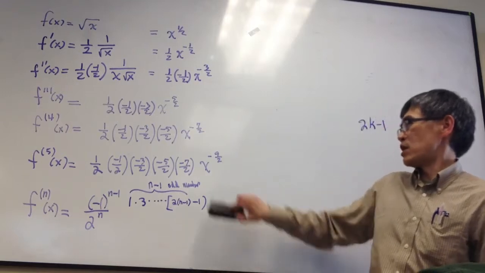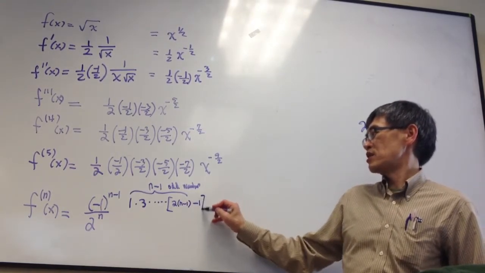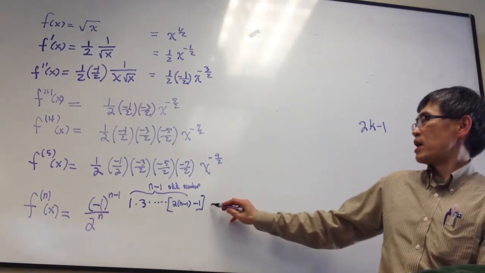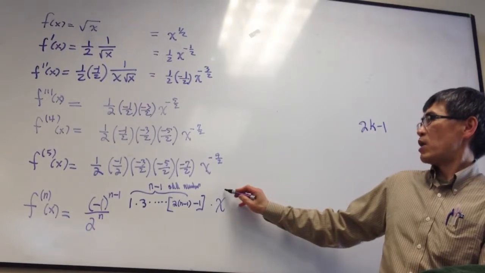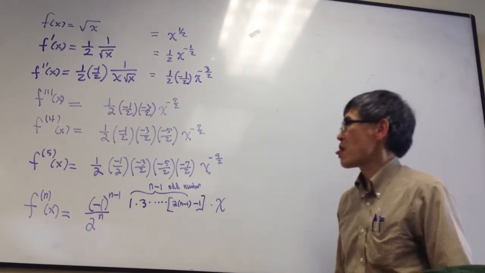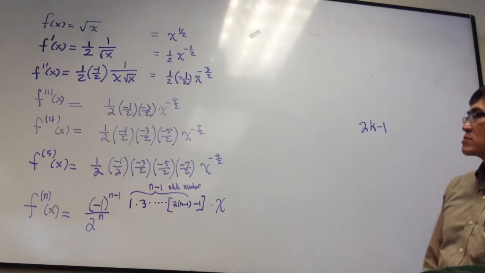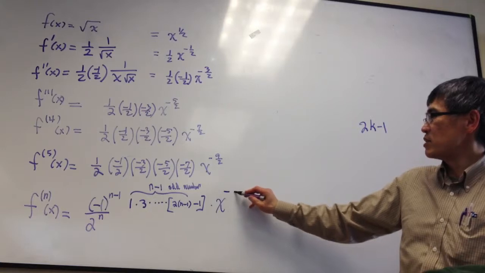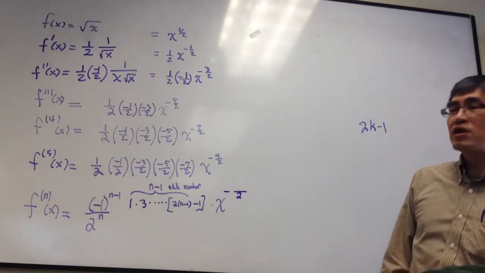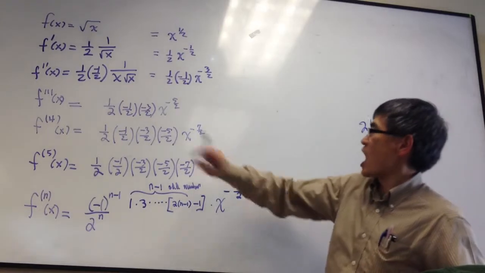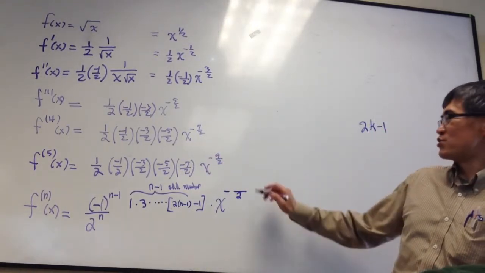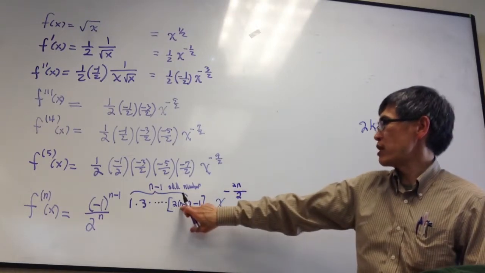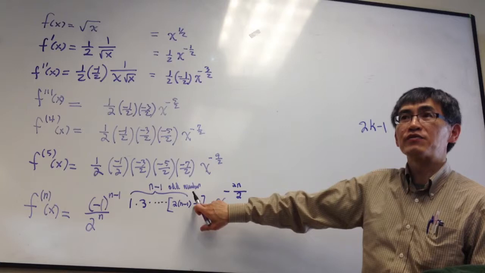The n minus 1th will be twice n minus 1 minus 1. Okay? So that's that. Multiplied by x to the what? That will be a negative number with denominator 2. The numerator would be the next odd number, is that right? Which is 2n minus 2 minus 1, that's minus 3.